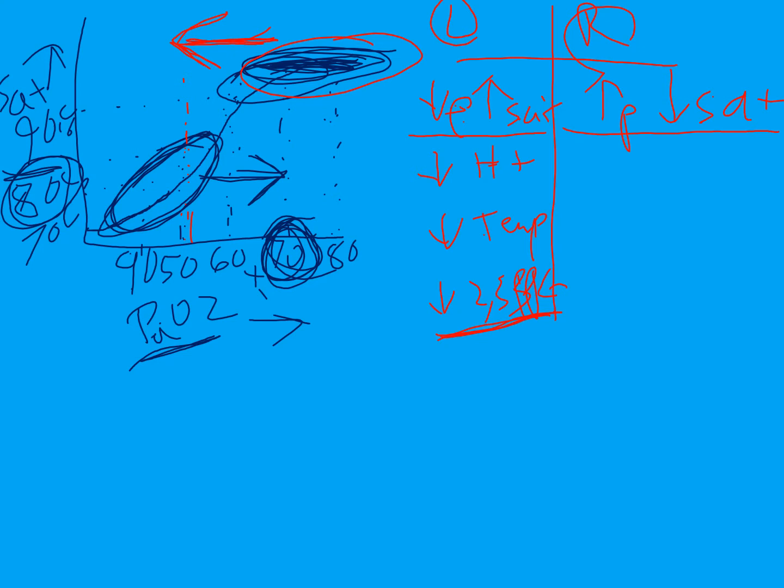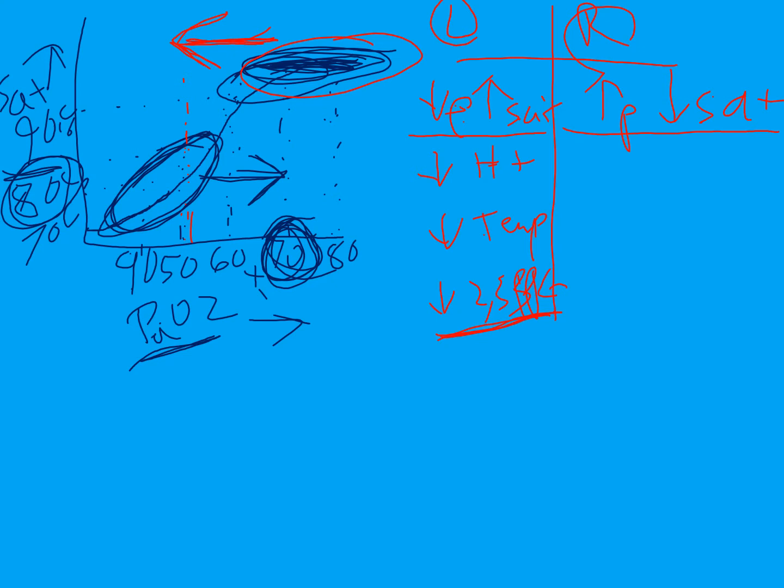In other words, if I have a patient that's hypothermic, they're going to have a high saturation for a low pressure. Any of those things can cause this curve to be abnormal. They can have a high saturation for a lower pressure.